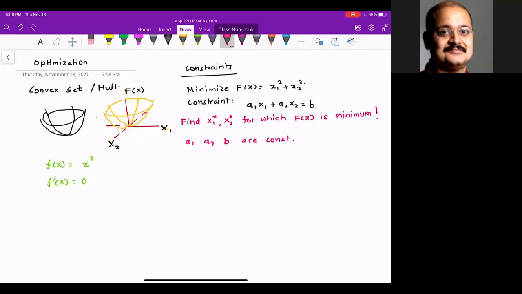Are you with me so far? So what does it do? It takes the constrained optimization problem, and by the Lagrange multiplier, I'm going to call this lambda, which is the Lagrangian multipliers.